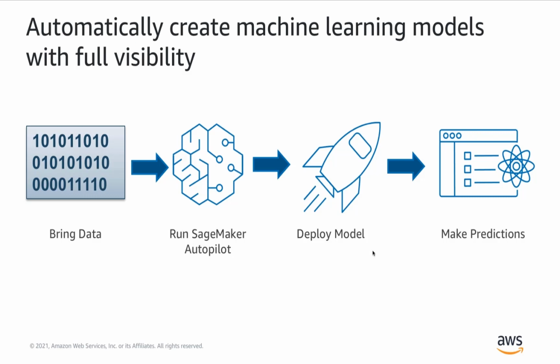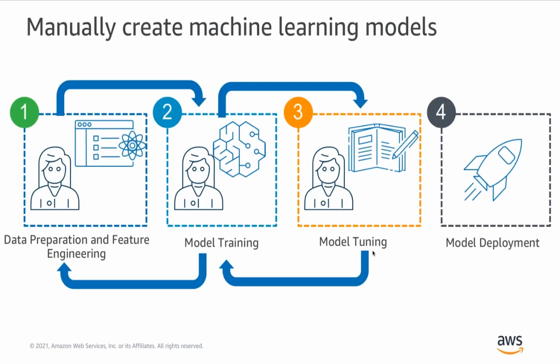Now that sounds super simple. To truly appreciate that, I think it helps to think through how you would do this process manually. As you can imagine, if you're manually creating a machine learning model, that process tends to be very iterative and interactive.